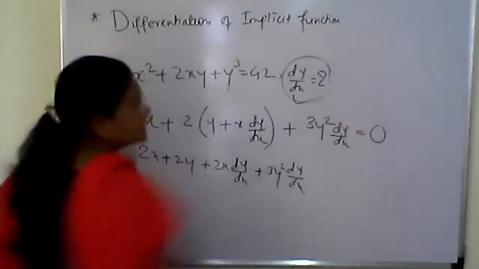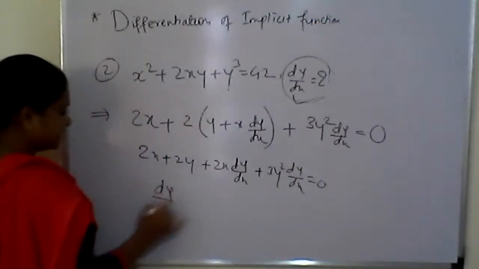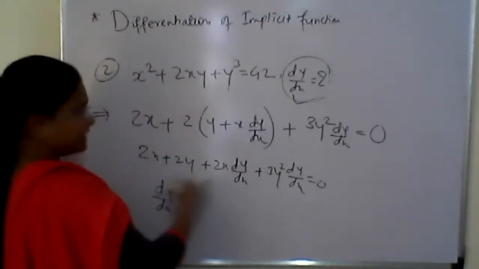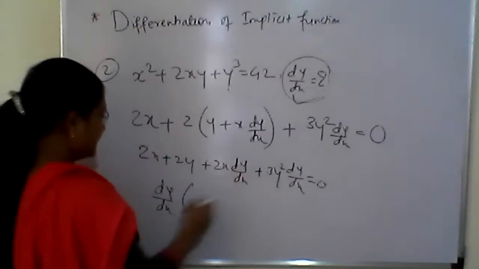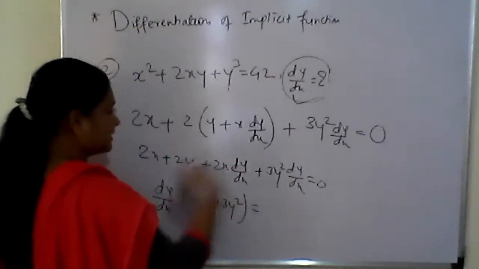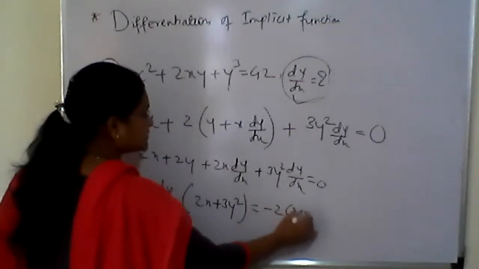We have to find dy by dx. So we collect all these terms. So we have dy by dx in bracket. Now here we cannot cancel this 2. Here 3 is there. So 2x plus 3y square, and we'll shift this, so minus 2 in bracket x plus y.